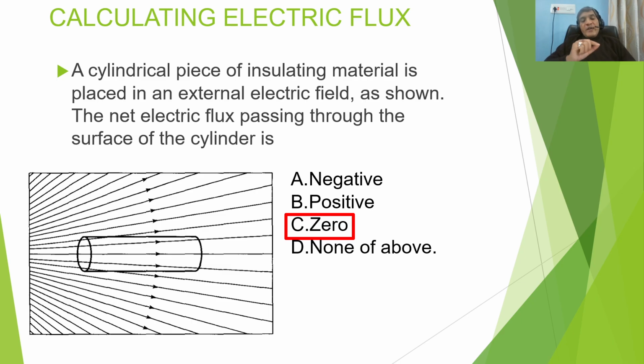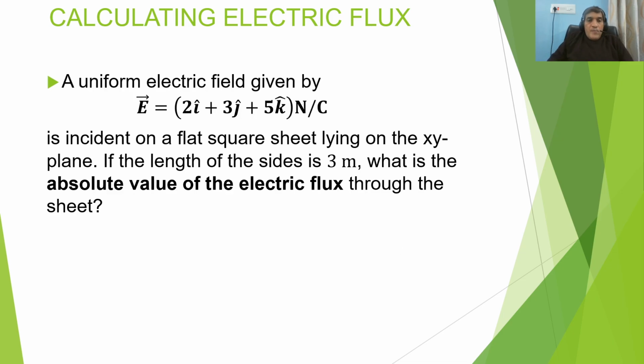That outside charge produces the electric field, and those electric lines of force are crossing the cylinder. So what is the flux through the cylinder? As we all know, the charge which is outside the particular surface contributes nothing towards the electric flux of that surface. The answer comes out to be zero. Hope you understand this question in a better way.